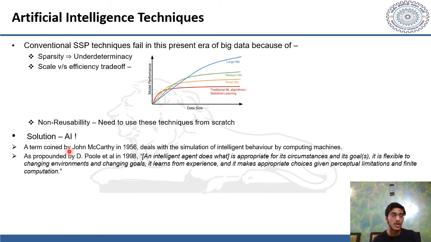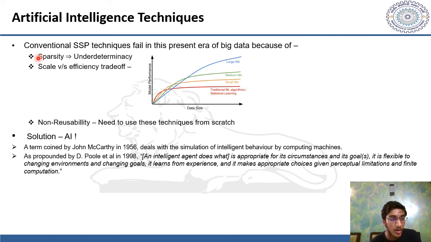So AI resolves all of these problems which were there in the case of conventional SSP techniques to a great extent. For example, when we deal with sparsity, with the help of training, validation, and testing in an iterative fashion again and again, it's the generalization ability of these AI models, ML models, and in particular deep learning models, which are the most powerful models, the neural network models.